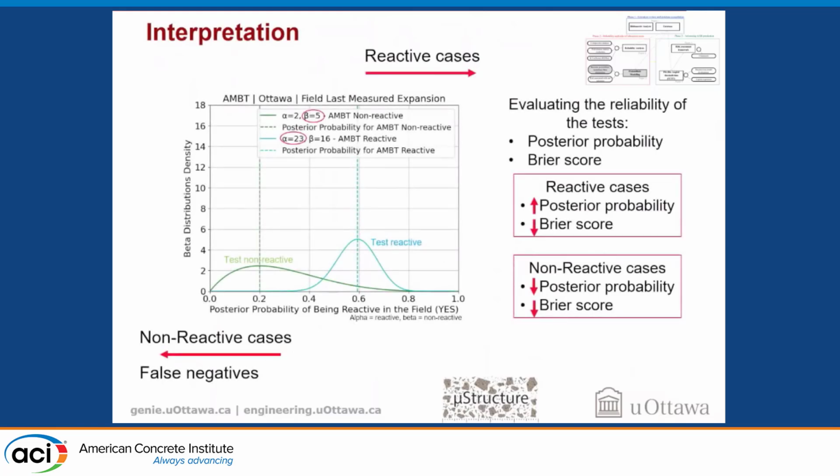So basically, we were able to put together plots in which we could split non-reactive cases, meaning that I know my aggregate is not reactive, and reactive cases. Ideally, my green curves would be close to 0 and my blue curves close to 1, so the average would be, as I mentioned, 0 and 1.